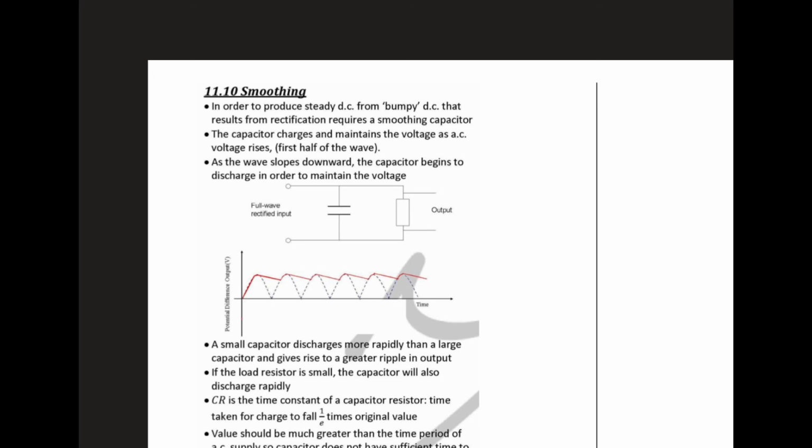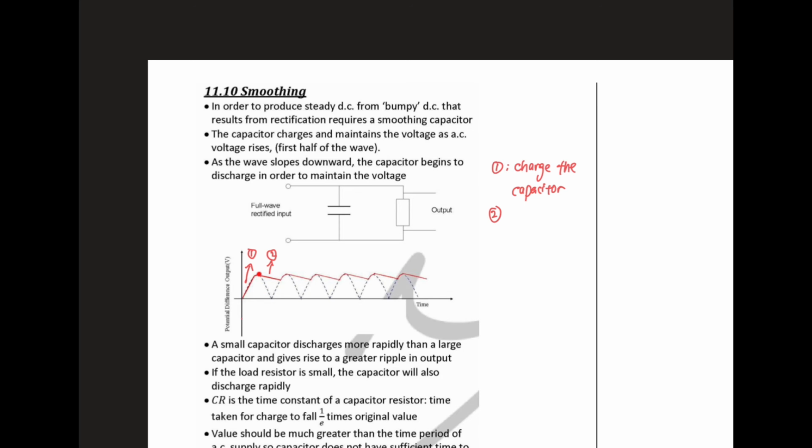Okay, so I write here. This one I call it 2. Number 1 is where you charge the capacitor. Number 2 is where the alternating current is going down.